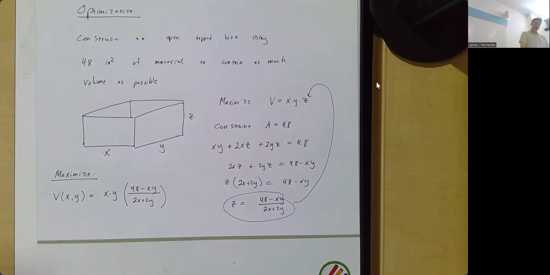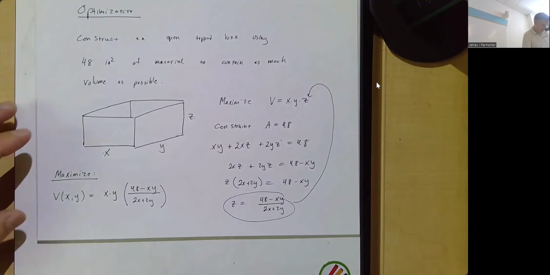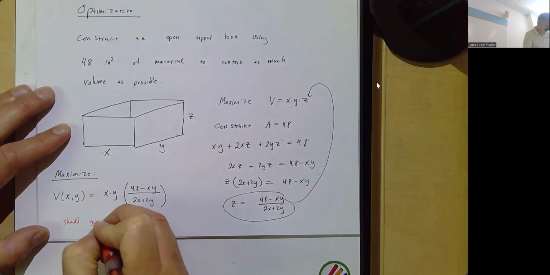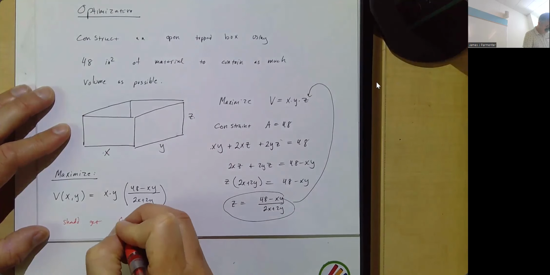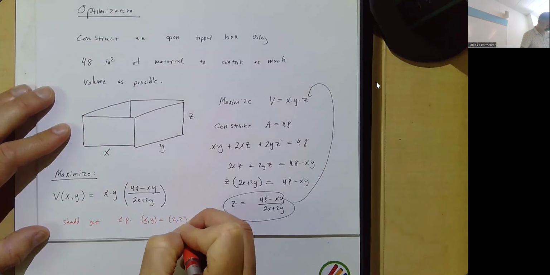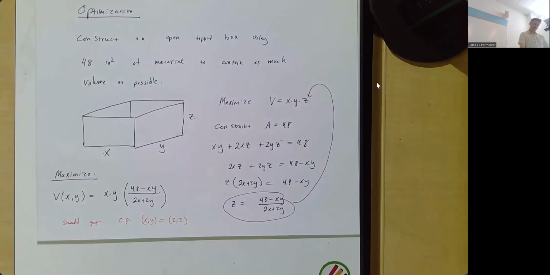Which is too bad. I will mention here, if you finish this problem out on your own, you should get a critical point of x, y equal to 2, 2. I say not very confidently. 8, 16, 16.